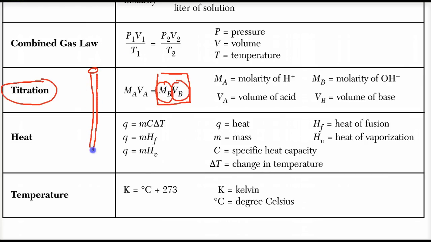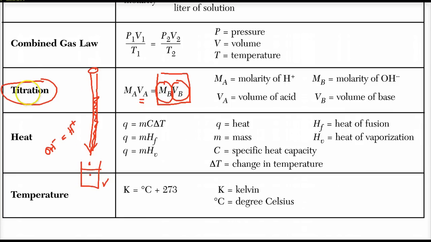We add it to usually a known volume of an acid, and I keep adding the base until my solution is neutralized, called an endpoint in the titration, sometimes denoted by a light pink color that persists if you're using phenolphthalein, if you did that lab.